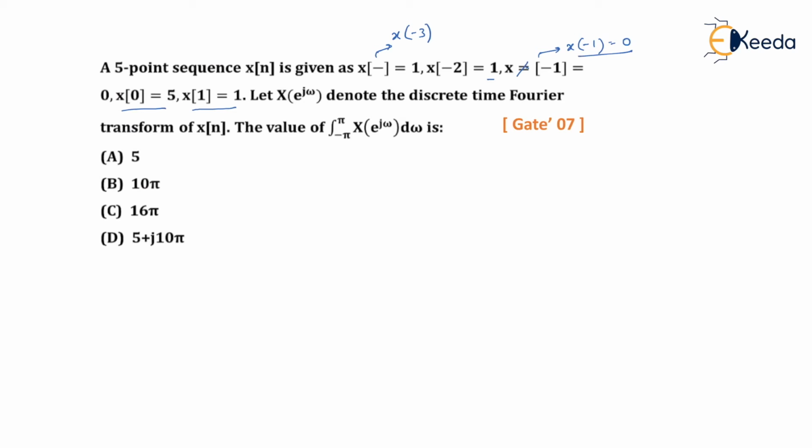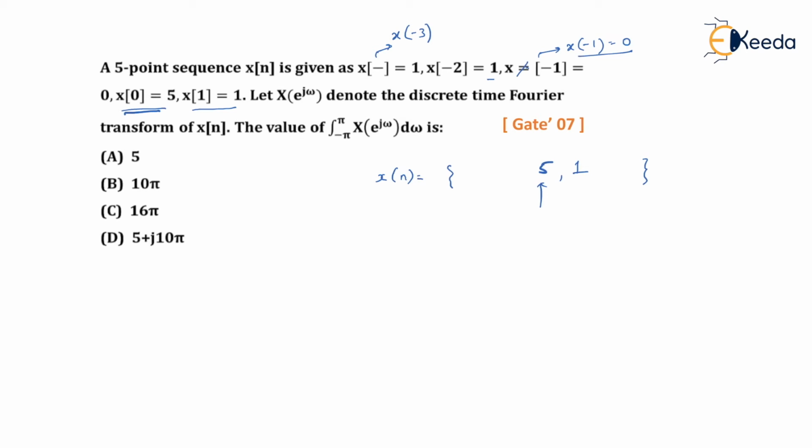So they said that it is a 5-point sequence and they have provided us x of n. Let me summarize what they have given. They have given x of n like this. The sequence is given. Let's start with x of 0, which is 5. So this is your x of 0. We have an arrow mark. x of 1 value is 1.